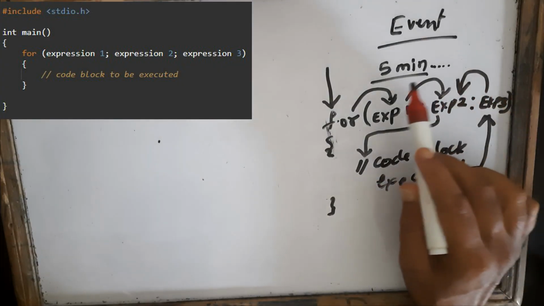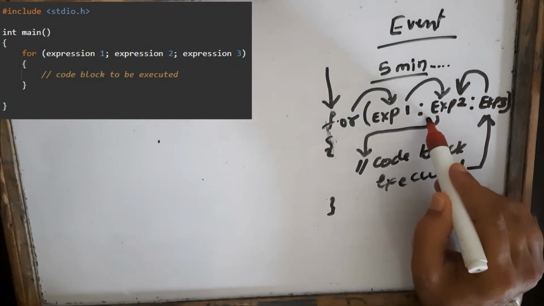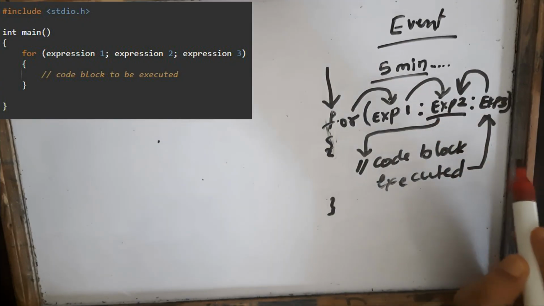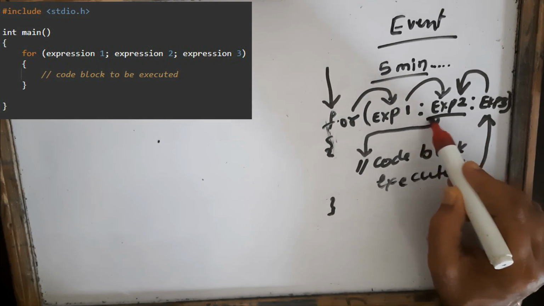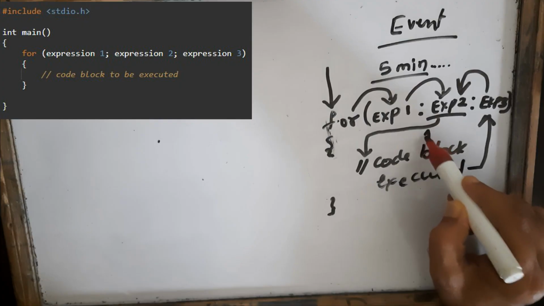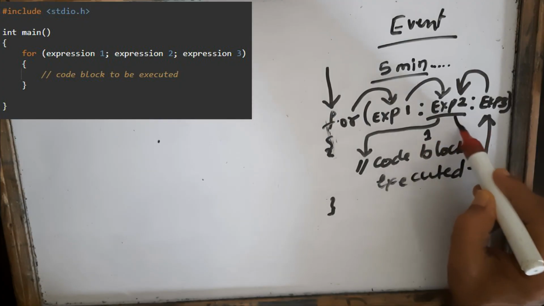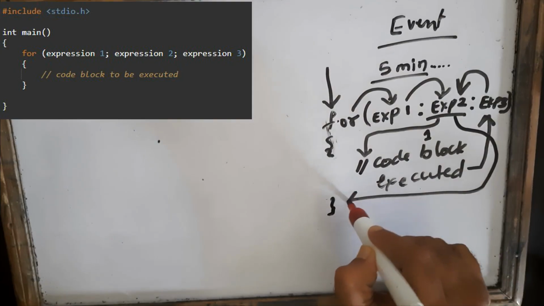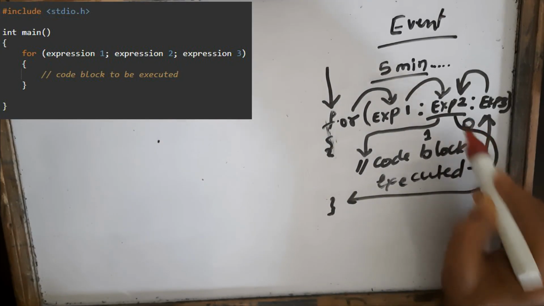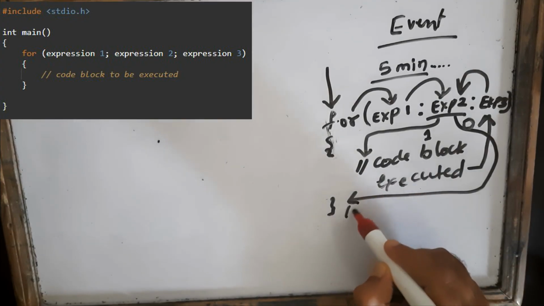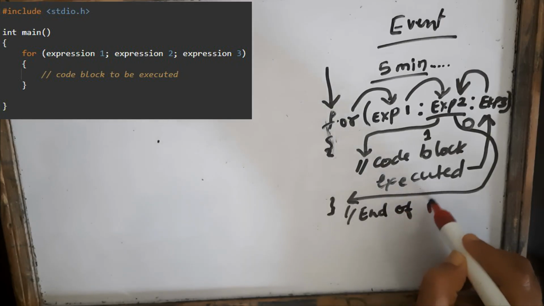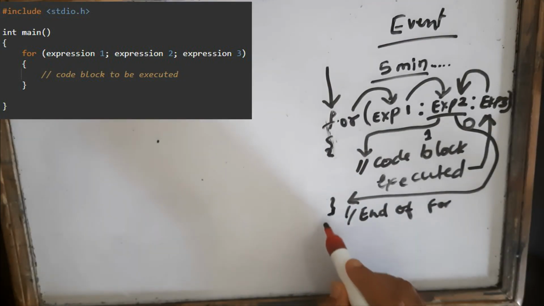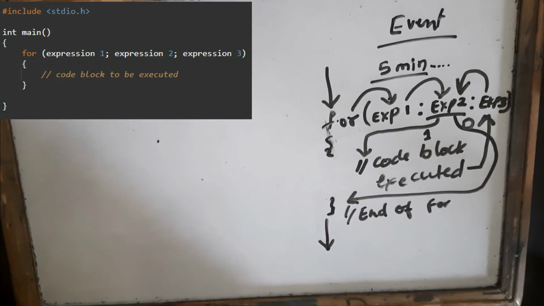This continues until the condition proves to be false. If the condition is 1, it executes the code block. If the condition returns 0, it goes to the end of the for loop and exits.